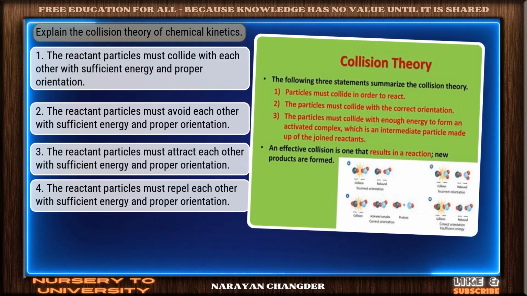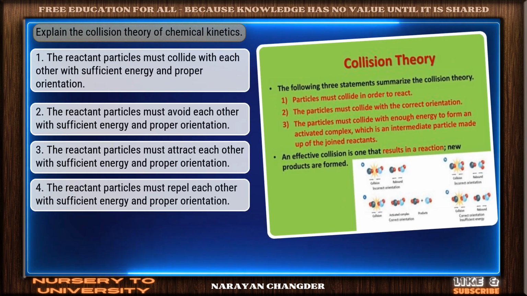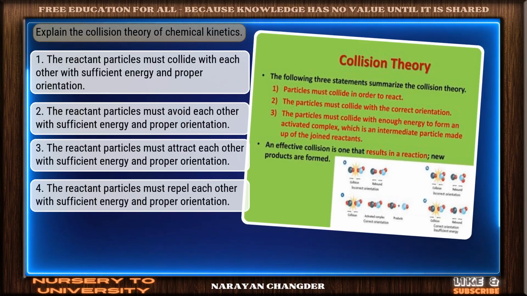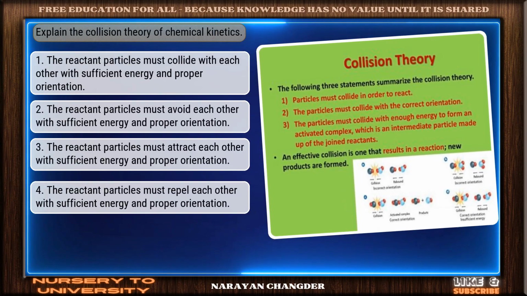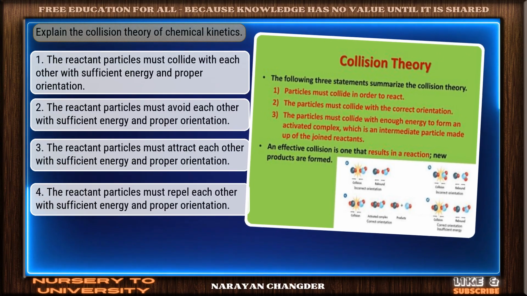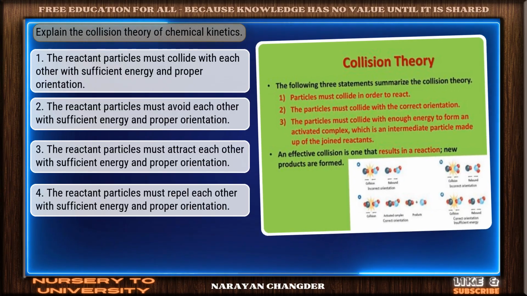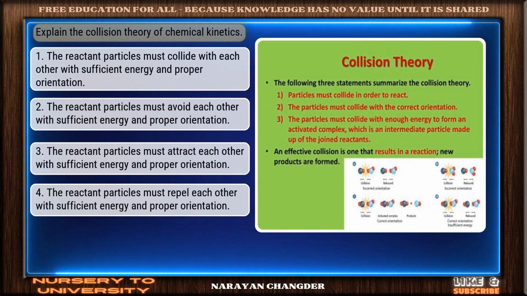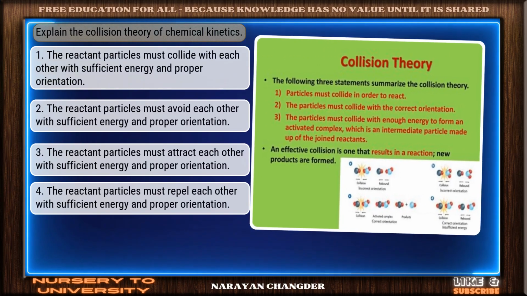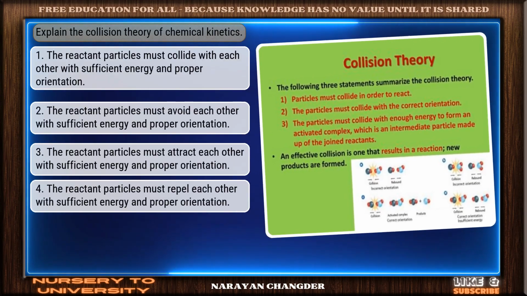Explain the collision theory of chemical kinetics. Option 1, the reactant particles must collide with each other with sufficient energy and proper orientation. Option 2, the reactant particles must avoid each other with sufficient energy and proper orientation.